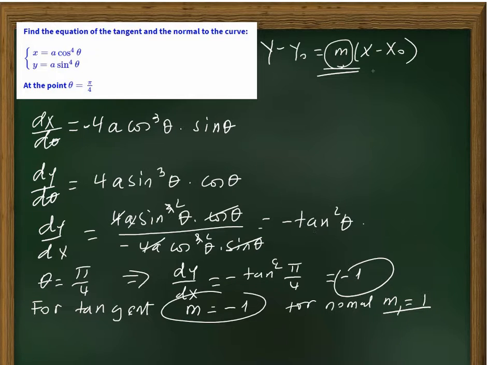We just have to plug them in here. We can find the equation of the tangent quickly. First let's calculate y0 and x0 here.